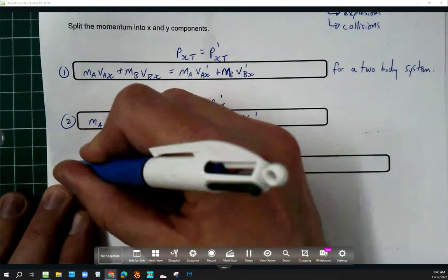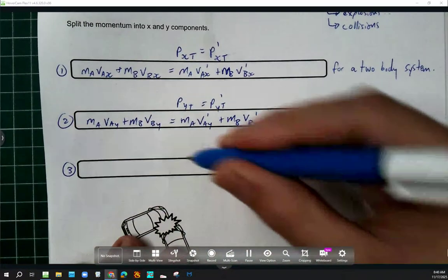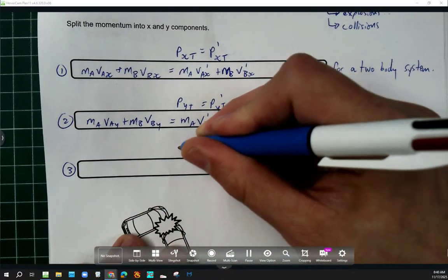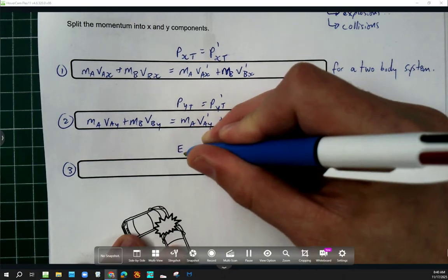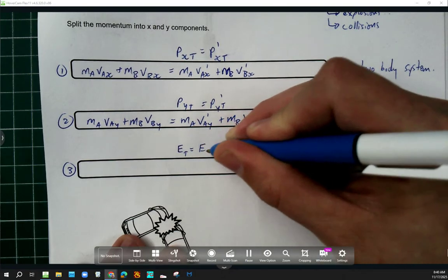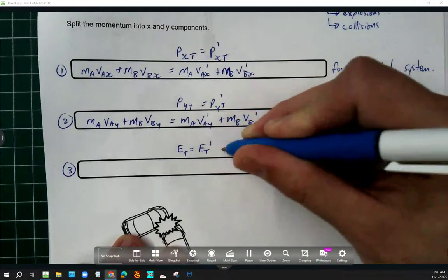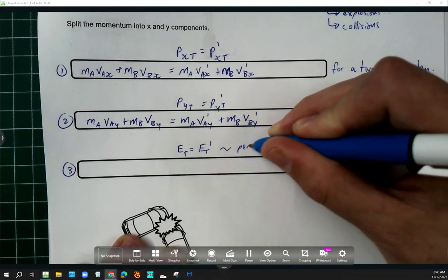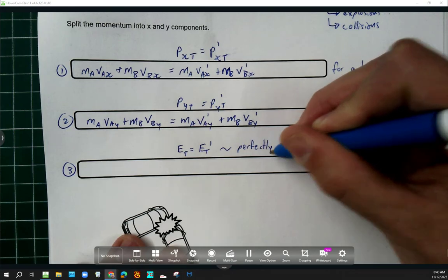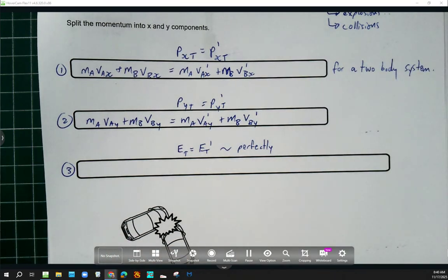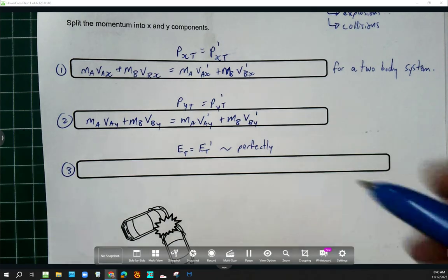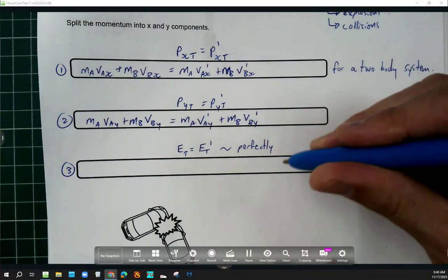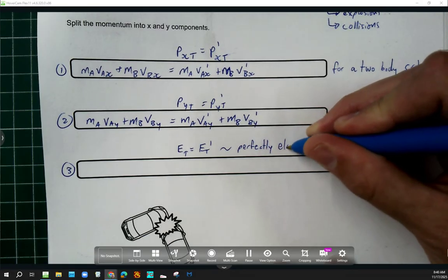All right, so then there's an equation 3. And this equation 3 really is only going to be useful for us for perfectly elastic collisions, because we've talked about the systems of equations involving partially elastic and perfectly inelastic, but I'm just going to state the perfectly elastic equation this time.